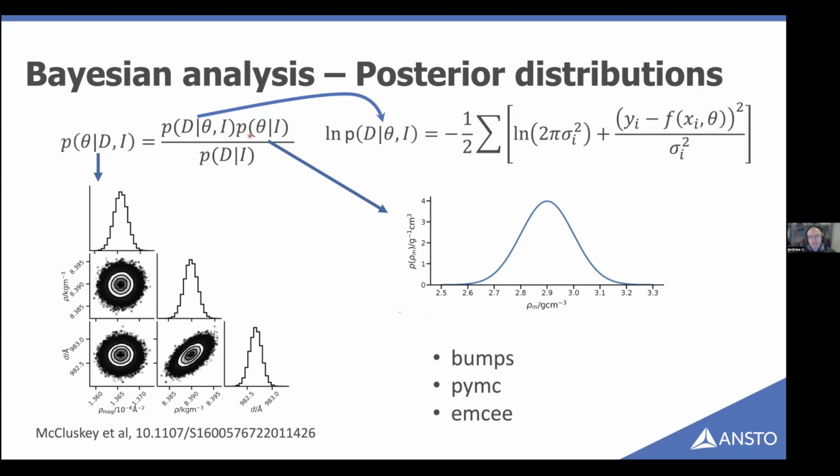The term on the right-hand side is called the prior probability, which is the probability of your assumed or pre-existing knowledge of what the parameters could be. For many systems, that probability distribution might just be a uniform distribution if you just know an upper and a lower bound.